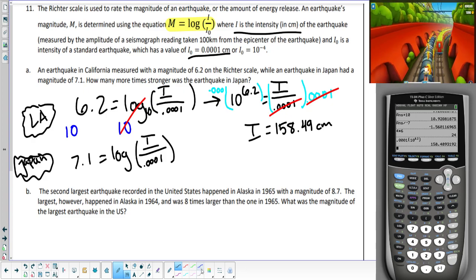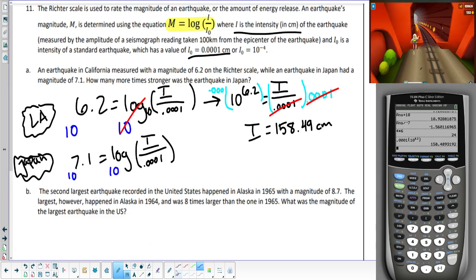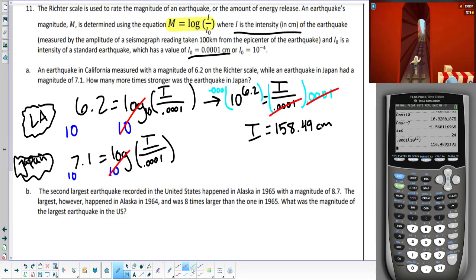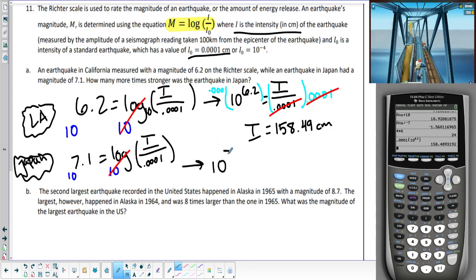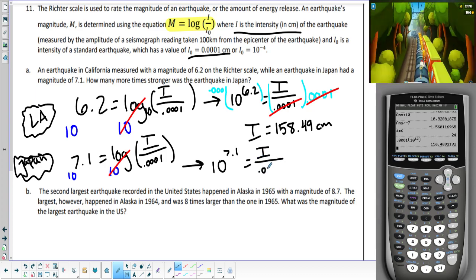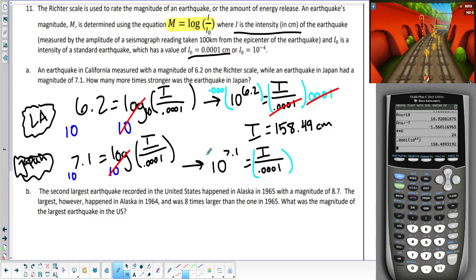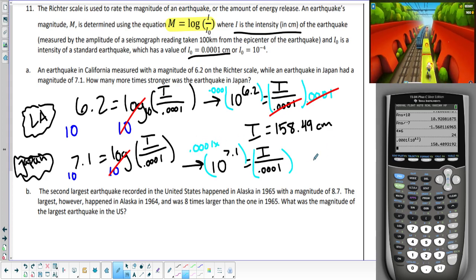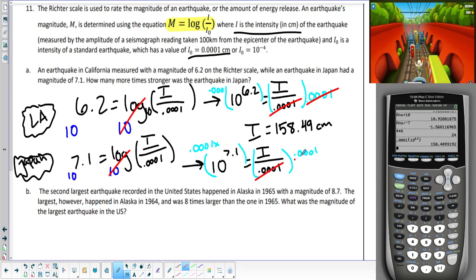Remember, it's log base 10, and so I'm going to set both sides to a common base of 10. That's going to cancel out the log, and I'm just going to leave you with the argument. And so in a similar way, it's going to be 10 to the power of 7.1 equals I over 0.0001. I will then multiply both sides by 0.0001. Those cancel from here.